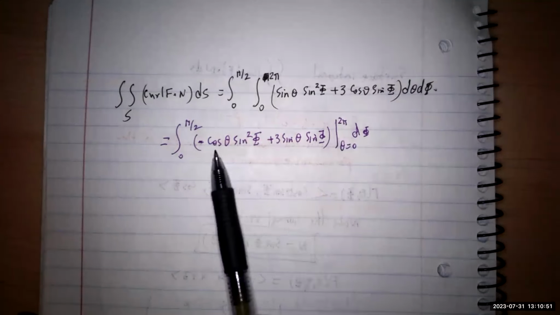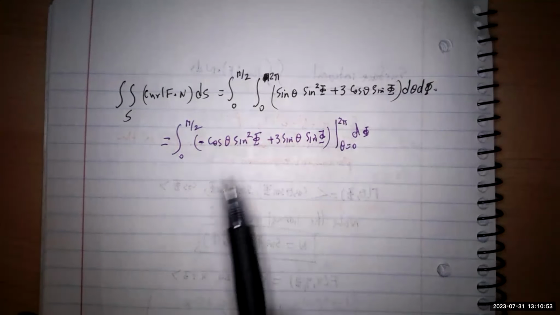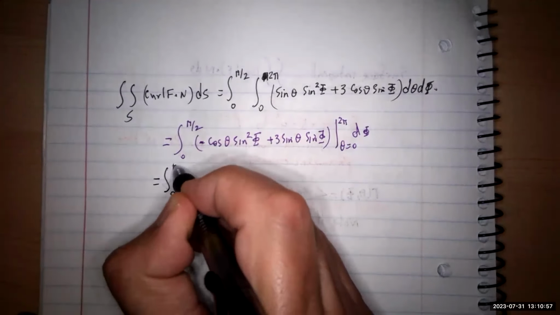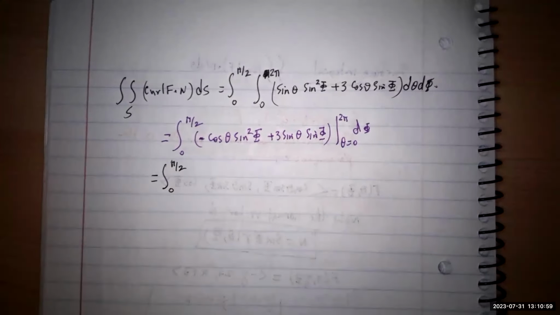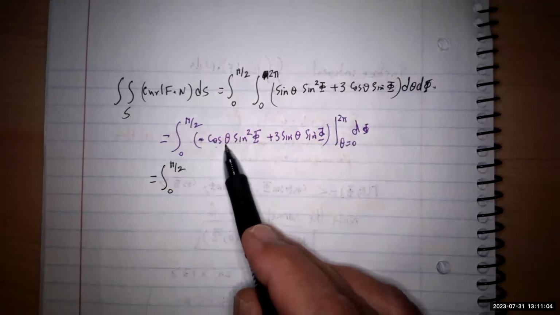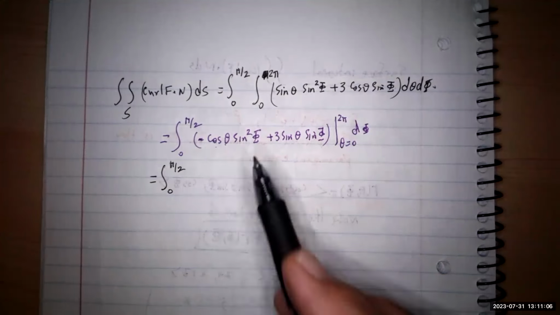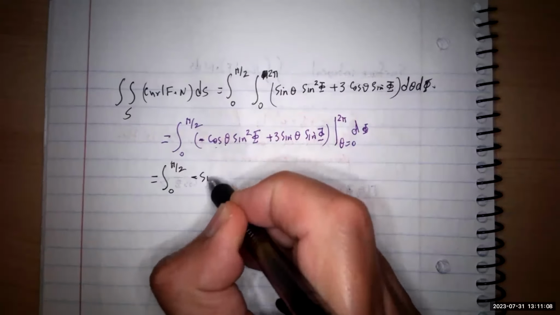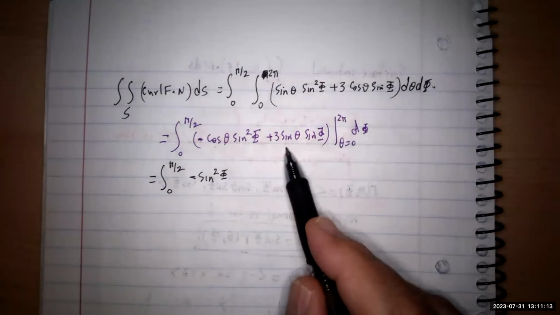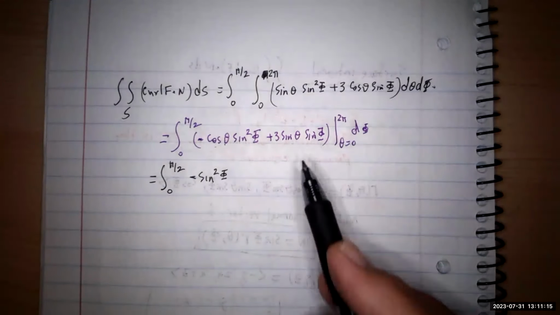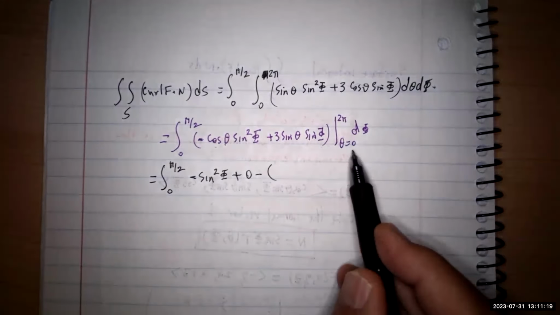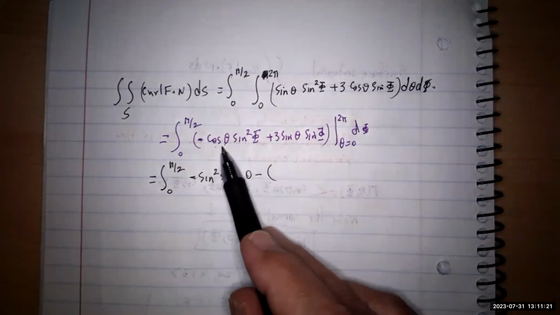So if you put the 2 pi over here, that gives you a 1. Okay, so it's going to be 0 to pi half. I put the 2 pi first. You see the cosine of the 2 pi is going to be 1. So that gives me negative sine squared of phi. If I put the 2 pi over here, the sine of the 2 pi is 0. So that gives me 0. Minus, if I put the 0, cosine of the 0 is 1.